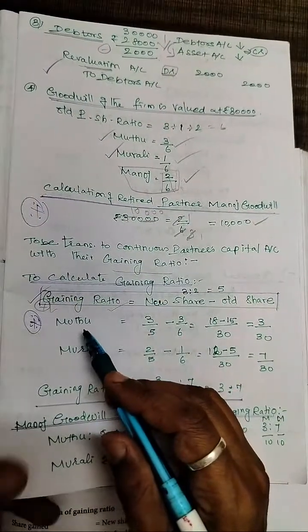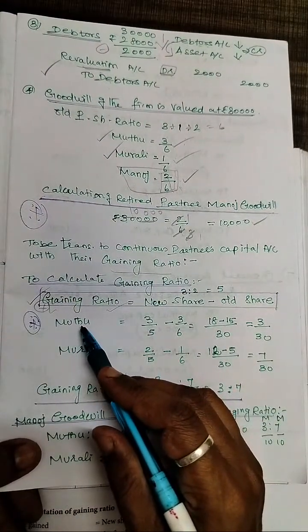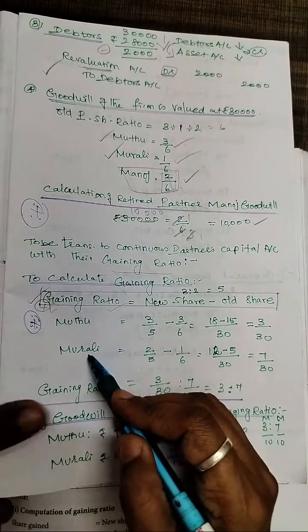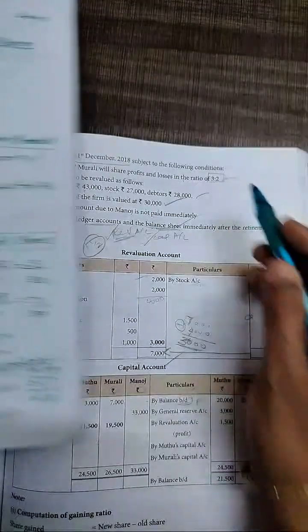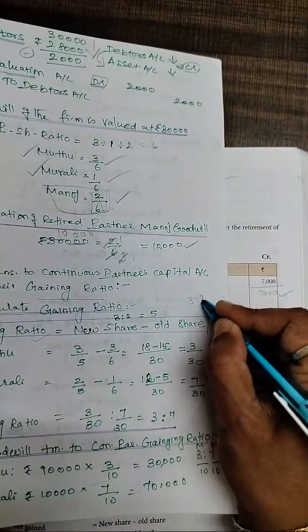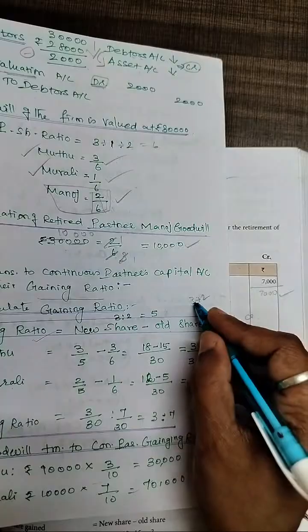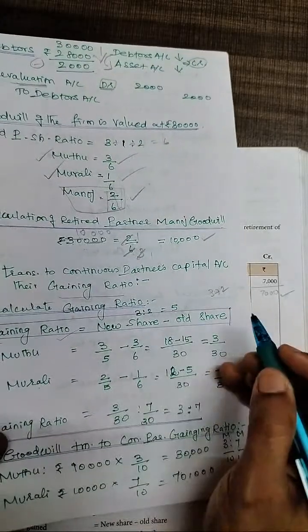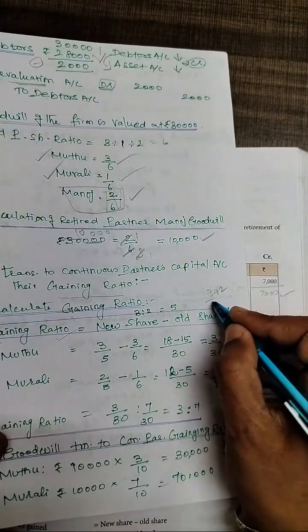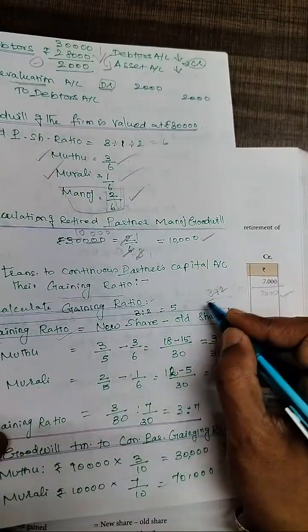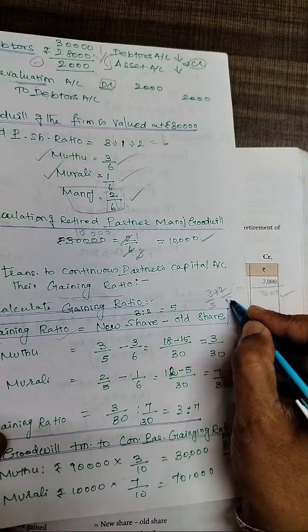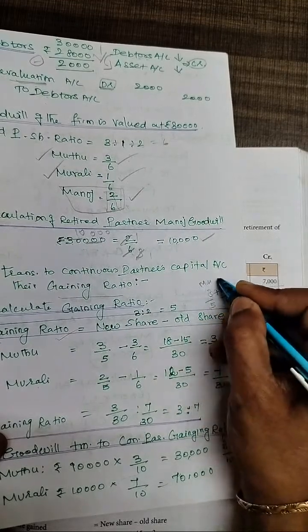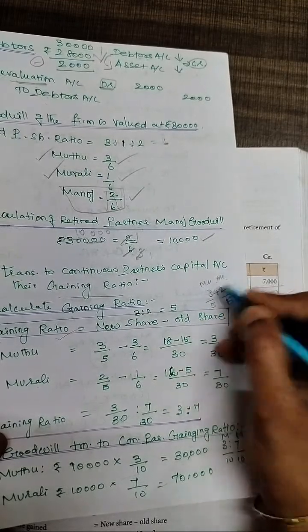The new partners, which means the continuing partners, are Murali and Muthu. What is their new share? 3 is to 2. 3 plus 2 added together, you will get 5. So 3 by 5 for Muthu and 2 by 5 for Murali.